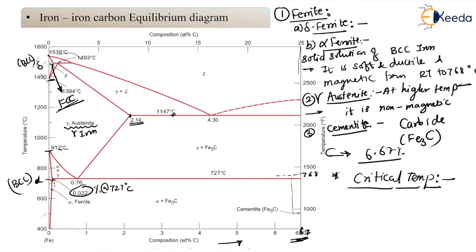Say somewhere I will show you here from 0, because the diagram shows temperature directly from above 400 degree centigrade, but we are assuming that it started from 0 only. So dear student, this is the temperature at which the cementite changes from the ferromagnetic to the paramagnetic characteristic.